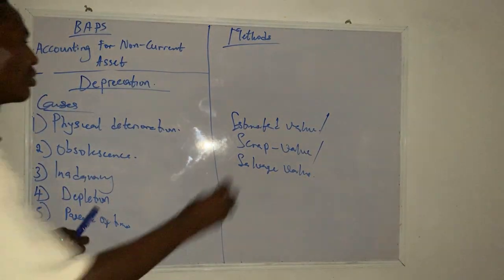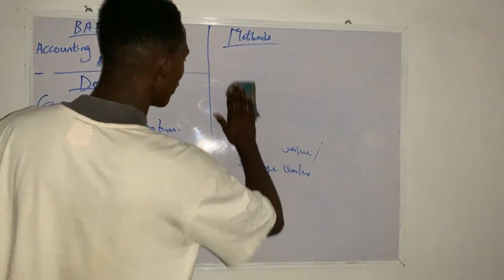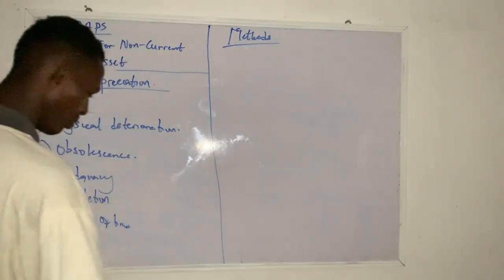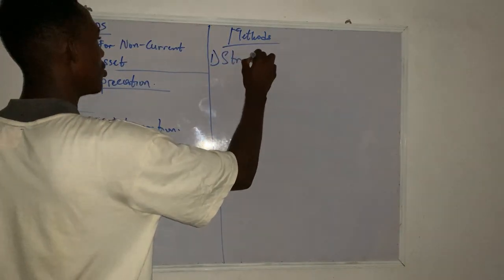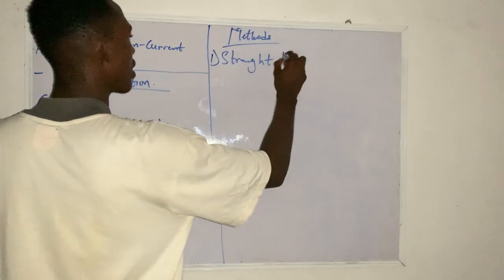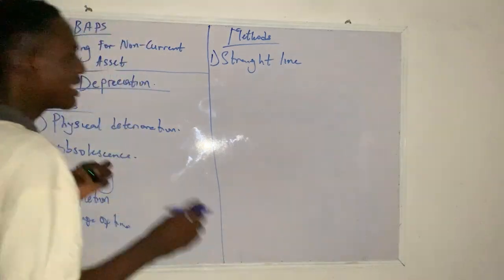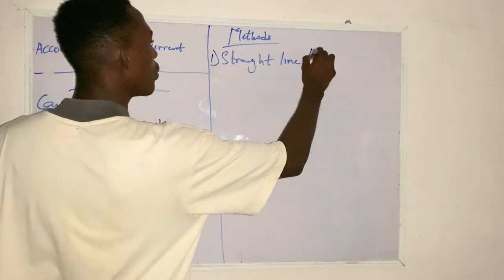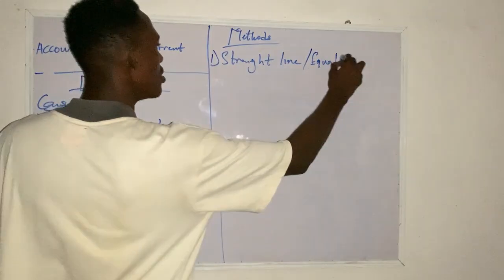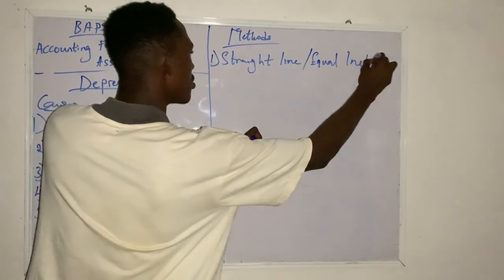Now back to the methods of depreciation. The number one common one is our straight line method. Another name for straight line method is equal installment.